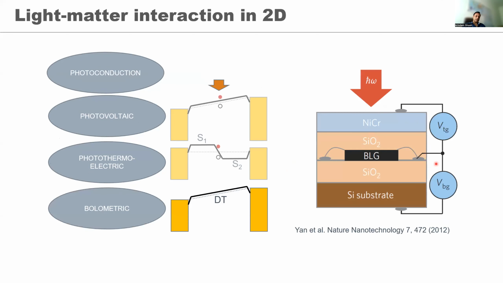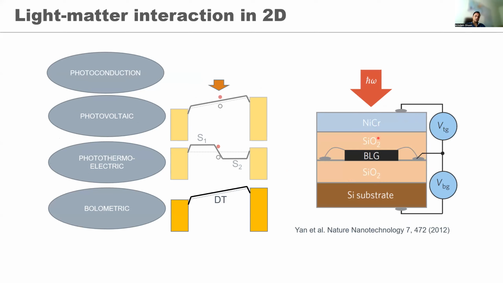And finally, the bolometric mechanism. The bolometric mechanism is nothing but you shine light, you hit the 2D material or any material for that matter. Bolometric means converting light into temperature, and the temperature change is reflected as a change in resistance or voltage. Okay, so these are the major directions.